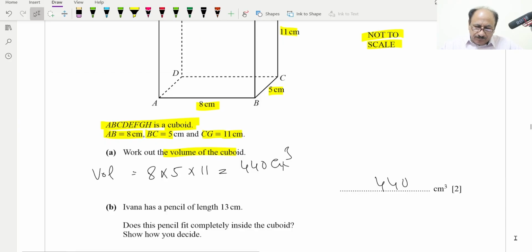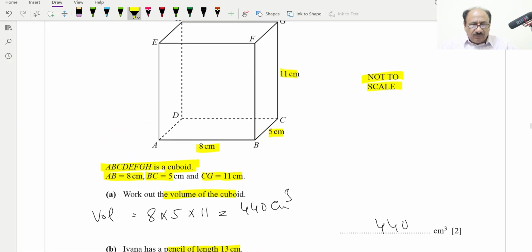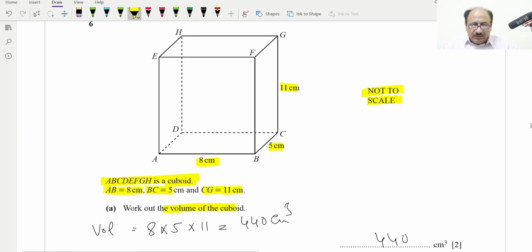Ivana has a pencil of length 13 centimeter. Does this pencil fit completely inside the cuboid? Show how you decide this. So for the cuboid, we will be checking. The maximum length which we can accommodate is diagonal-wise, so if we place the pencil diagonally, it will be like this one.